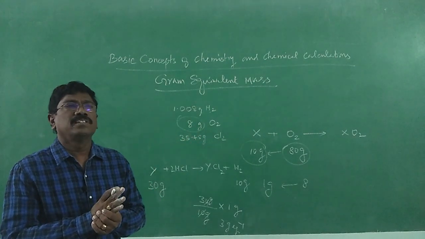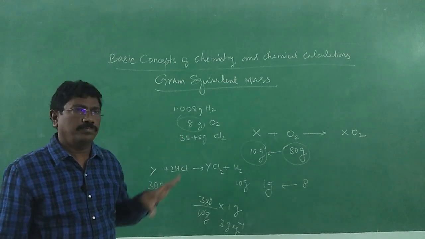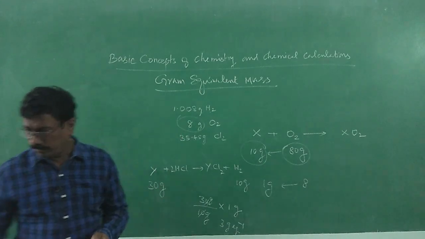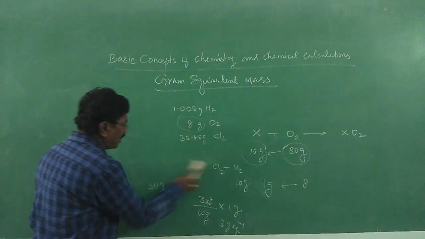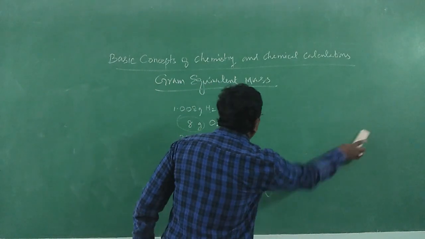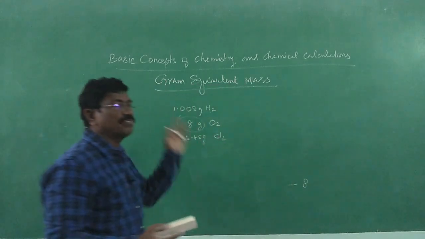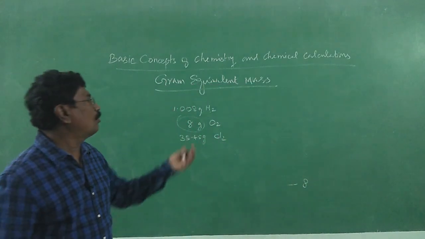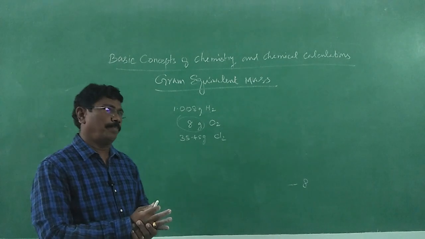But it may not always be true. In certain occasions, certain substances or elements may not combine with these elements or may not displace these elements. If that is the case, how do we go about equivalent mass?